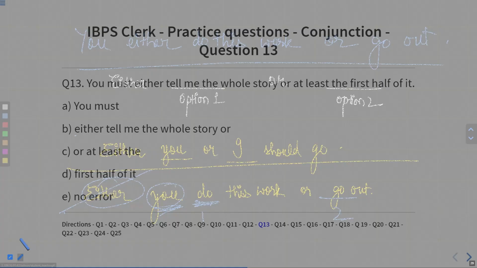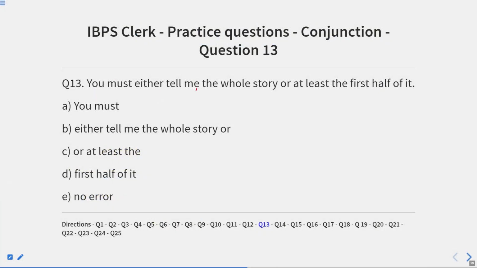Now, if we go back to the sentence, here it is written, you must either tell me the whole story or at least the first half of it. Now, what are the two options? Just to tell me what? The whole story. So this is actually the option. And the other option is the first half of it, or at least the first half of it. Now, if these two are the options, why are we writing either with tell me?